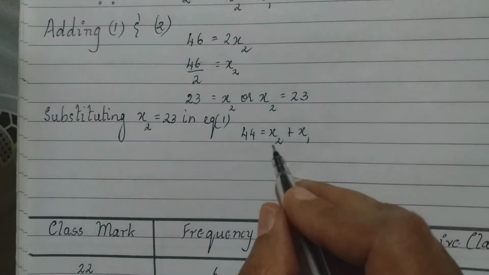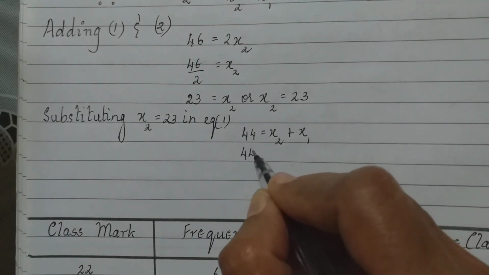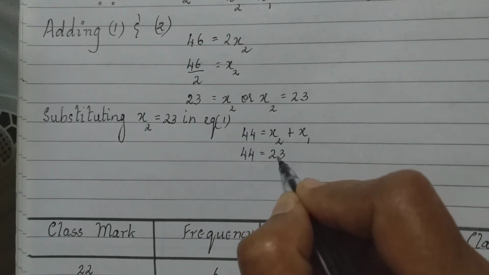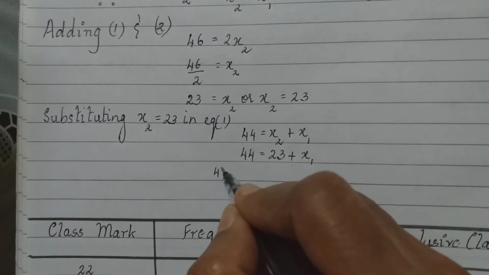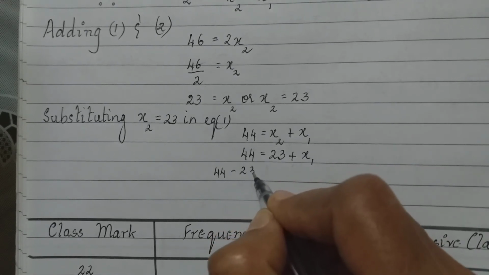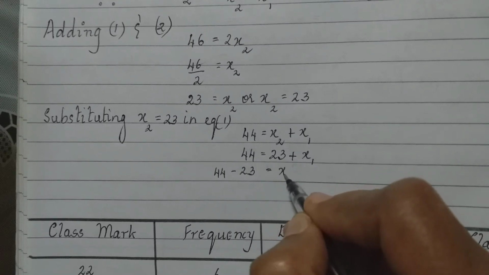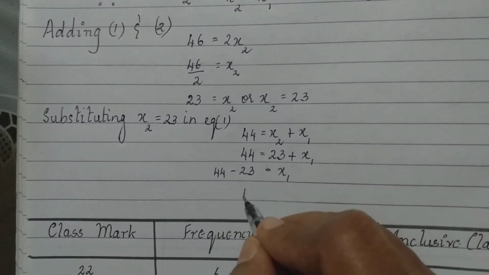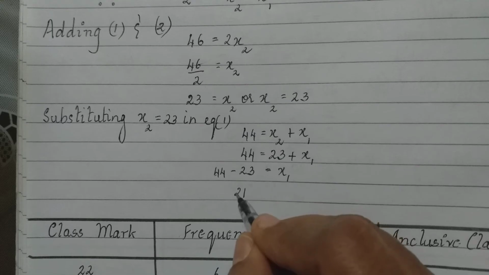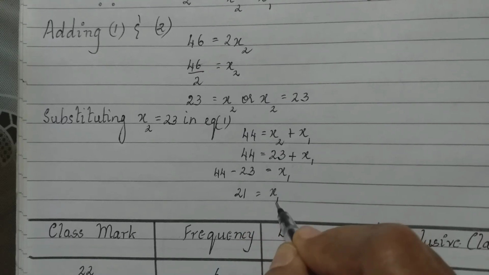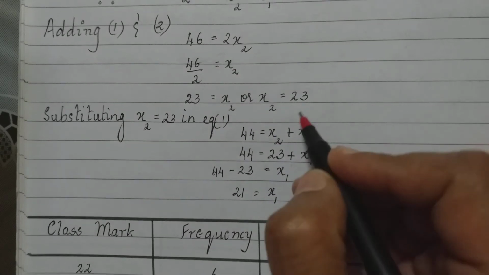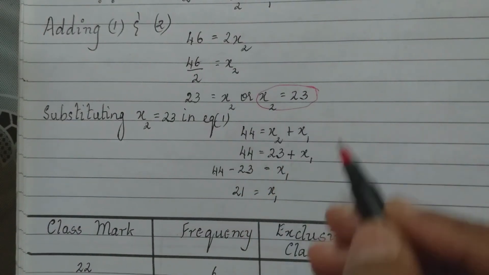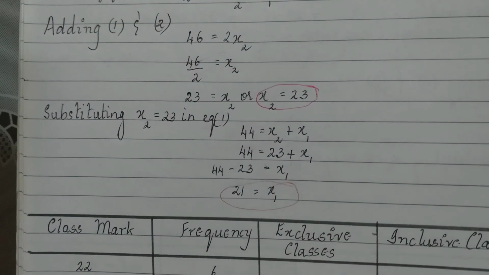In place of x2 now I write 23. 44 is equal to 23 plus x1. 44 minus 23 is equal to x1. 4 minus 3 is 1, 4 minus 2 is 2. So 21 is equal to x1. So I have got the values of x1 and x2 here. x2 is 23 and x1 is 21.